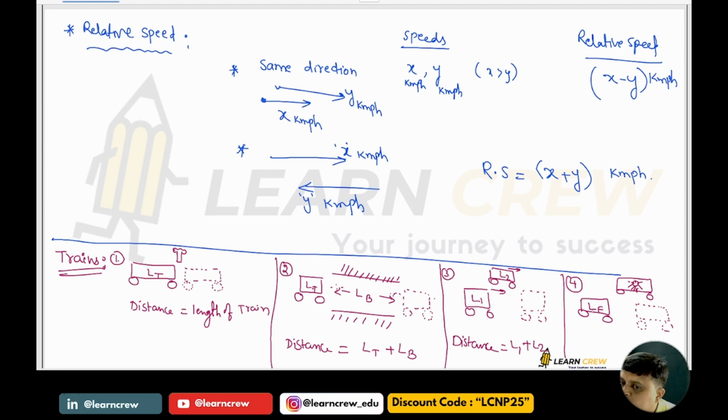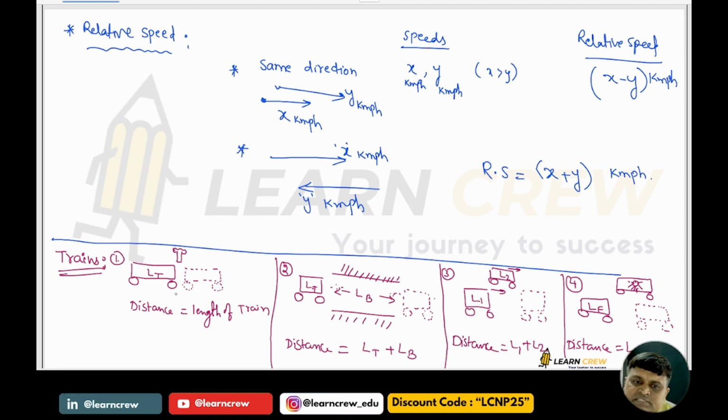So a faster train crossing a man in the slower train, the distance covered by the faster train is equal to the length of the faster train.